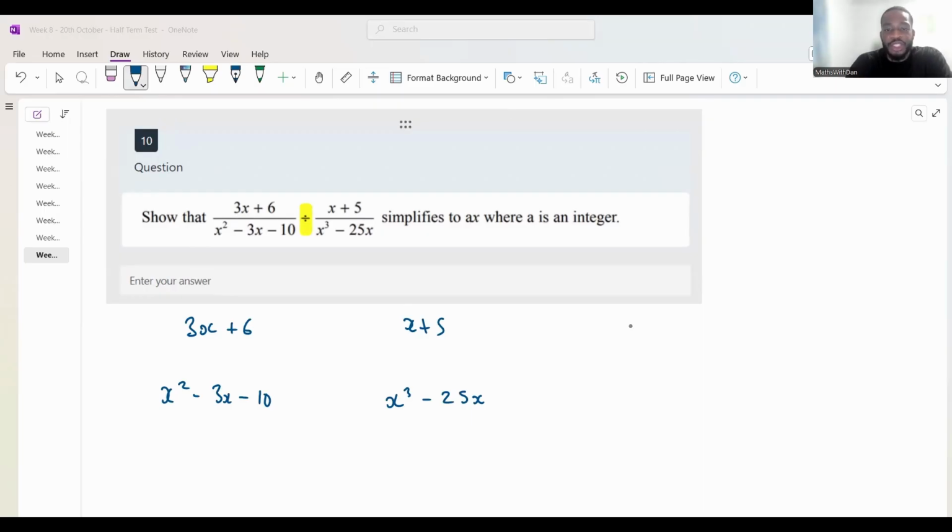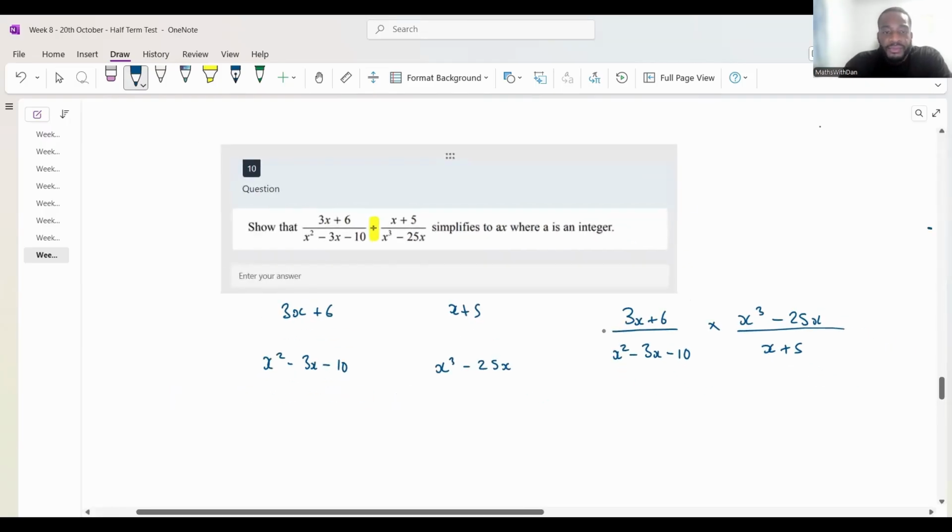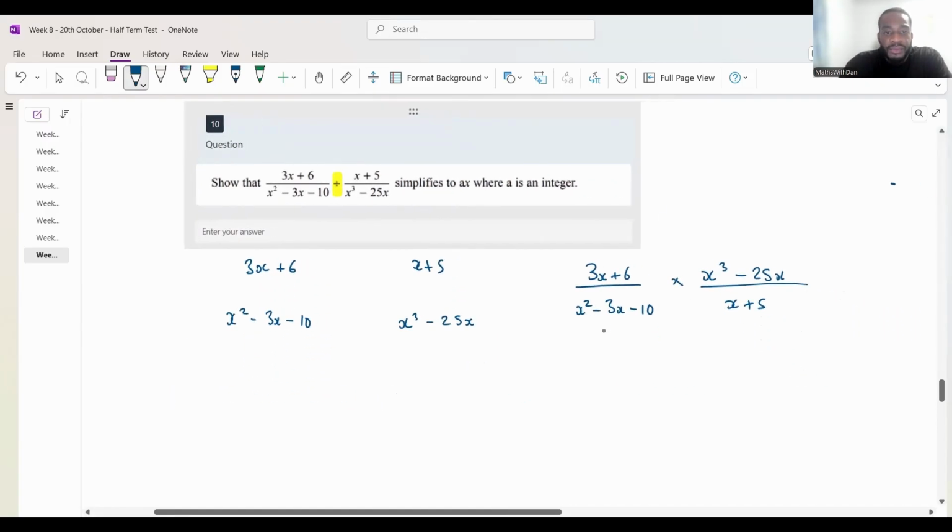So the actual question is 3x plus 6 divided by x squared minus 3x minus 10 multiplied by x cubed minus 25x divided by x plus 5. Do we agree? Everybody happy with that? Good stuff. So let's do it bit by bit.